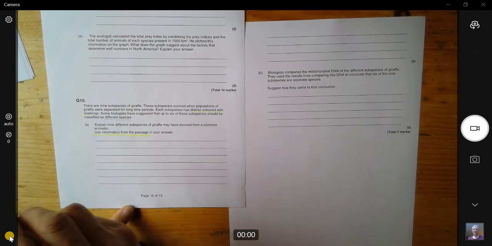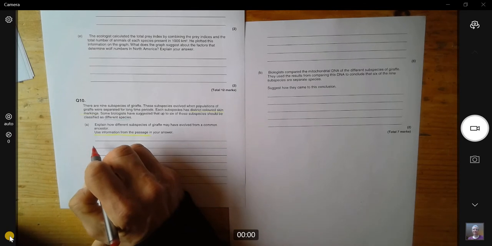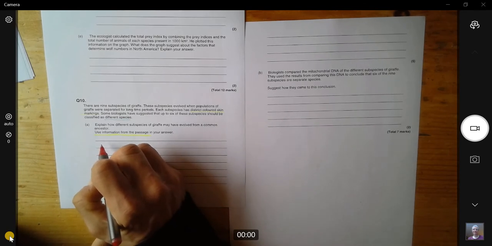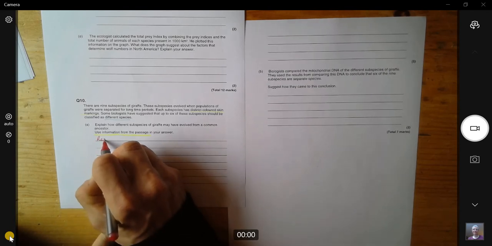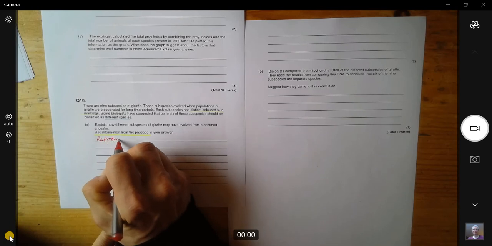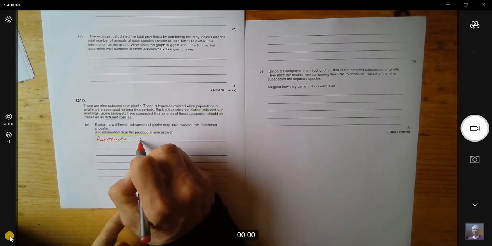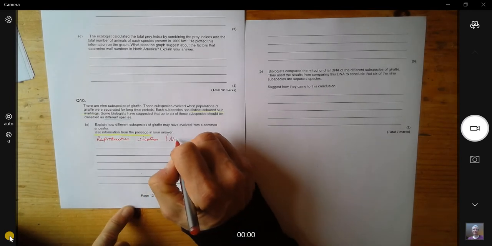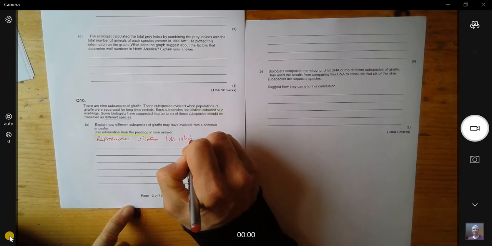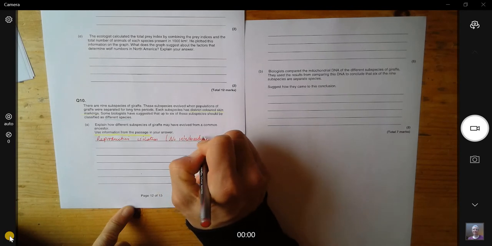So we start off with this reproductive isolation as a basis for anything turning into new species. So, reproductive isolation. You could say there's something like no interbreeding if you were describing that.